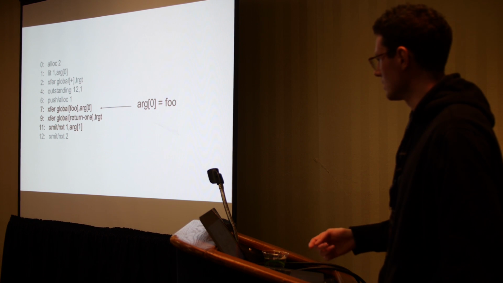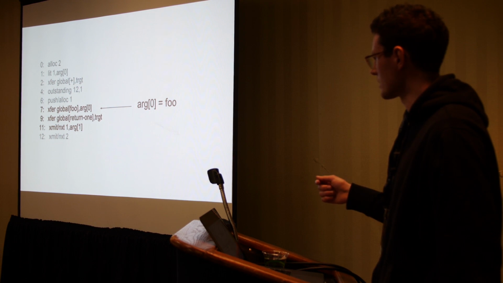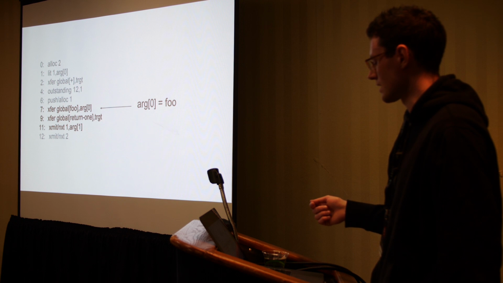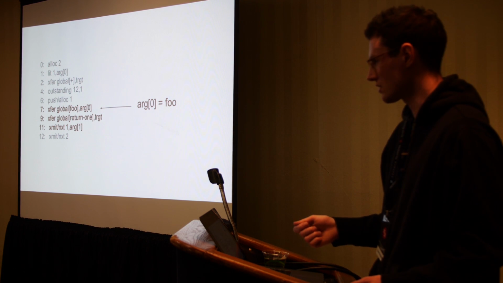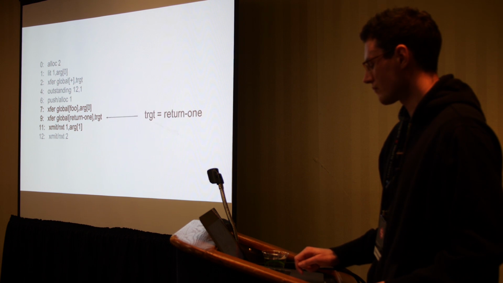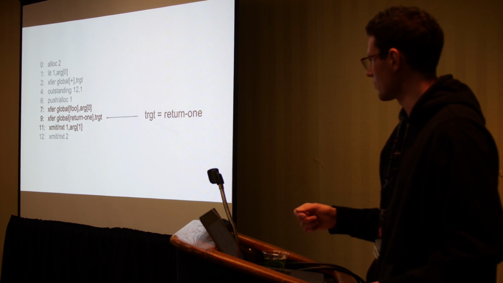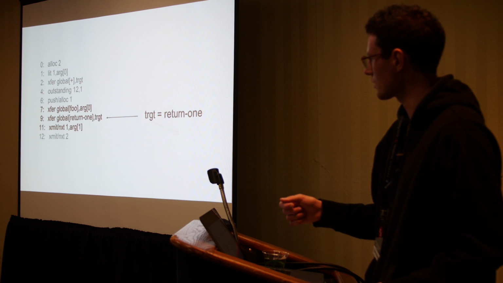Here, pretty simple, we put a reference to the foo instance into the first argument tuple of the newly created context. Same here with return one into the target register.